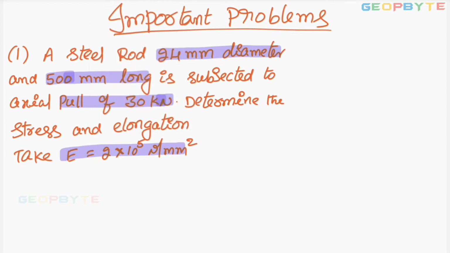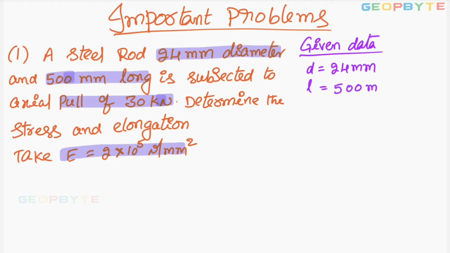First let me write the given data. Diameter D equal to 24 mm, length L equal to 500 mm, is subjected to a pull, means load denoted by P equal to 30 into 10 power 3 newtons.